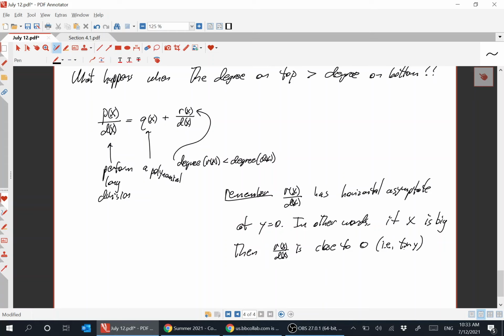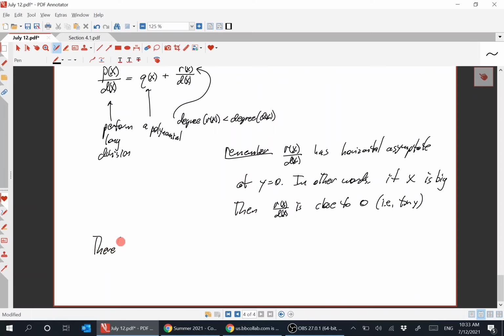So the graph is essentially q. The value of p of x over d of x, therefore, when x is big, which is equal to the quotient q of x plus this remainder, r of x over d of x.